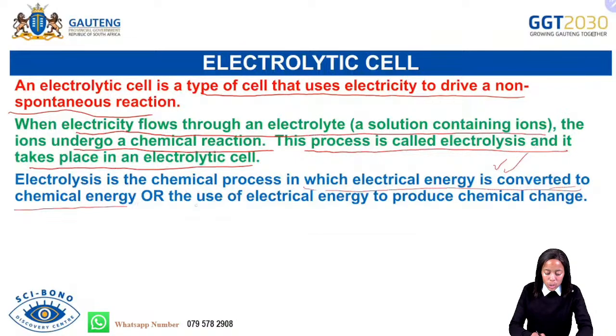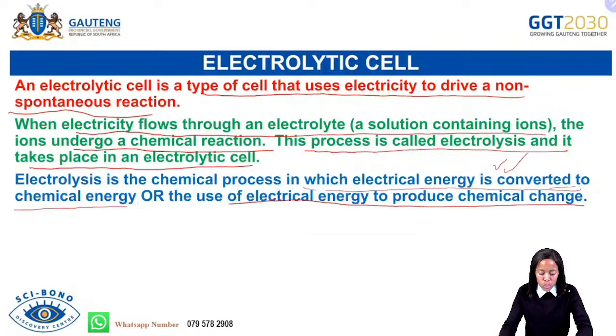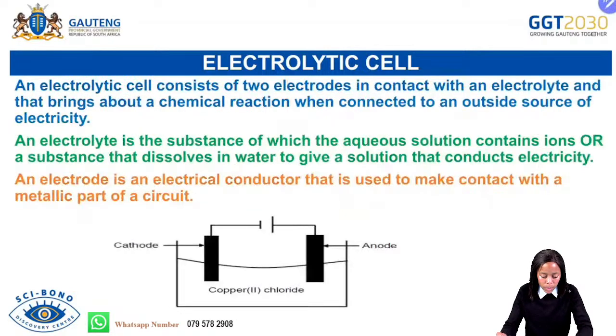And then it says, or the use of electrical energy, that is to produce a chemical change. So the same as the definition there, we are using electrical energy to convert to chemical energy then.